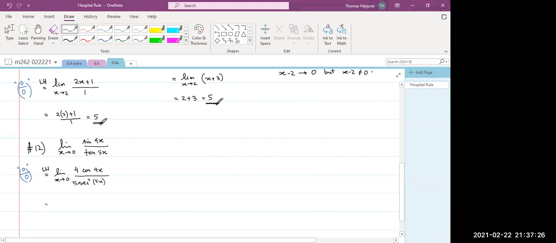Now when I plug in x equals 0, I will get 4 cosine 0, which is 1, over 5 secant squared 0, which is still 1. Cosine 0 is 1, secant 0 also equals 1.